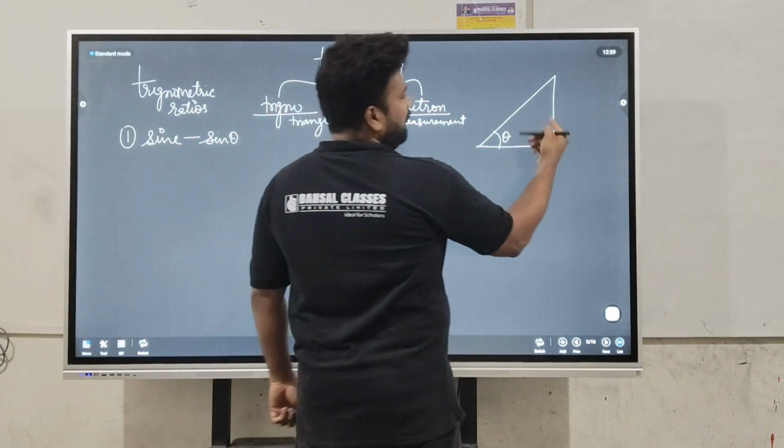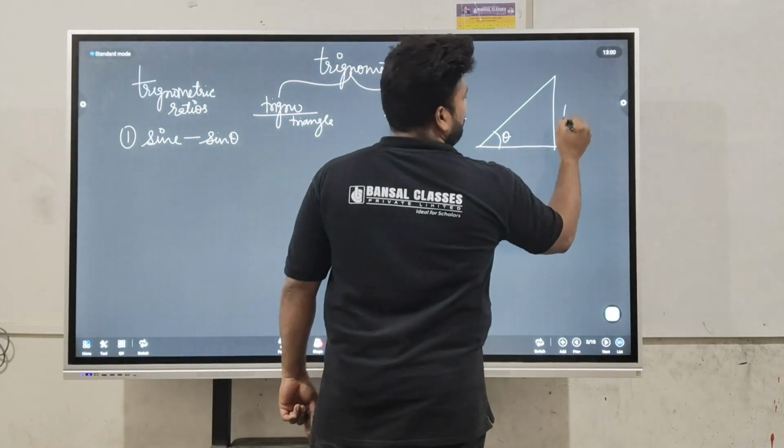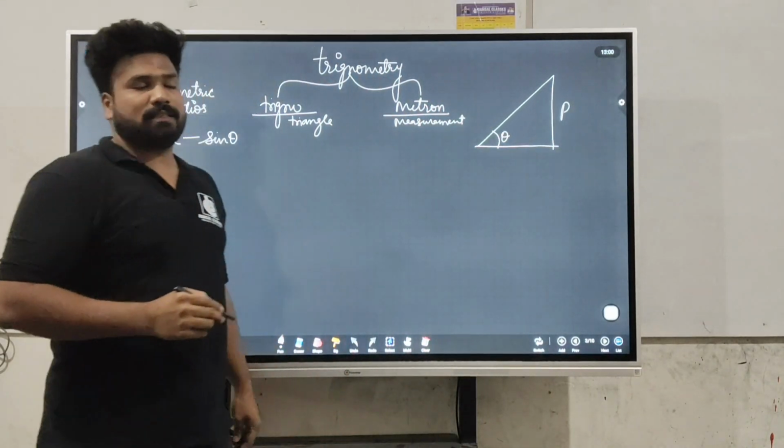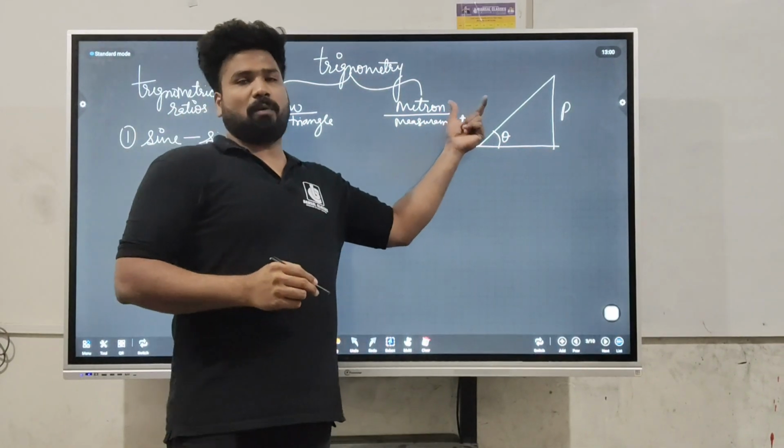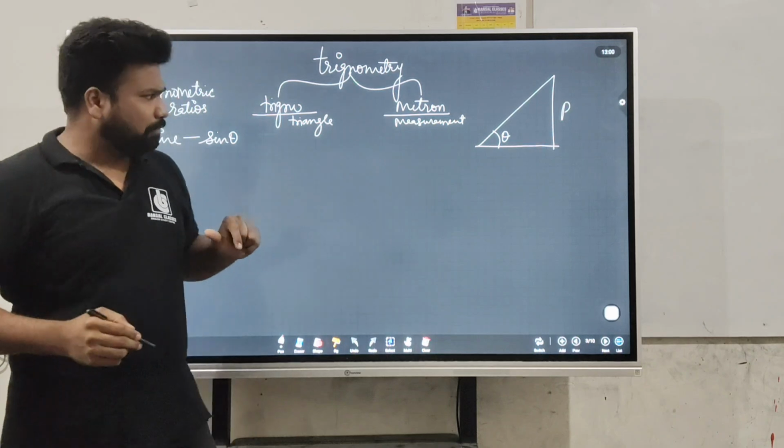The side opposite to the angle is known as perpendicular. We already discussed this in the previous topic, the Pythagoras theorem.